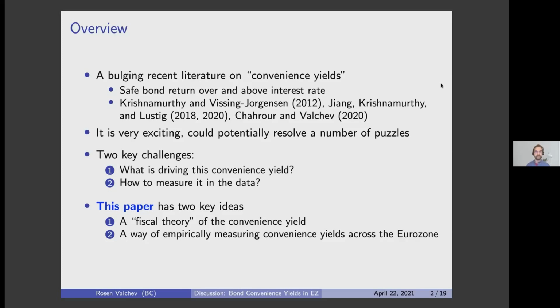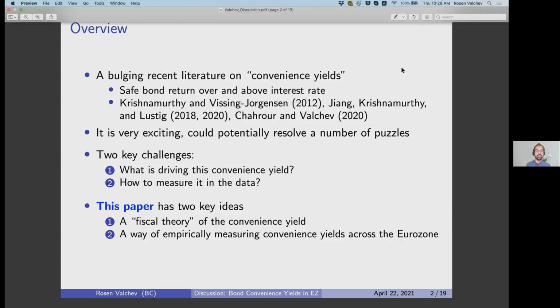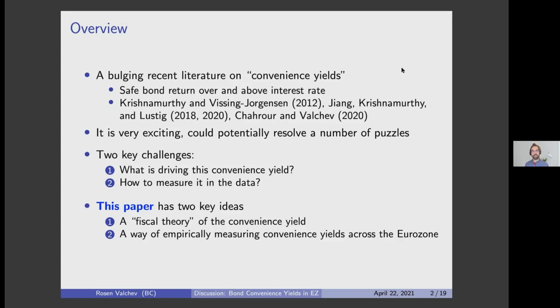I think this additional pricing component of the bond is very exciting. I've used it in my own research, and a lot of other people have used it in theirs as well. It could potentially resolve a number of puzzles. The key challenges that I typically see in this convenience yield research agenda are, number one, it remains a little bit of a nebulous Euler residual or yield residual.